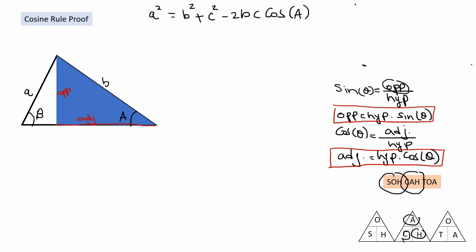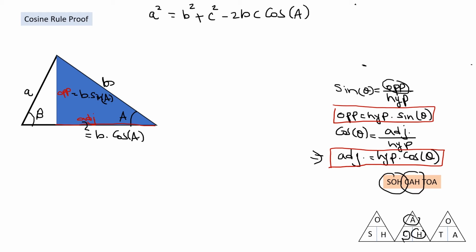According to this formula, opposite is hypotenuse times sine theta. Hypotenuse is b, therefore opposite equals b times sine A, and adjacent is b times cos A, so the angle is the same.